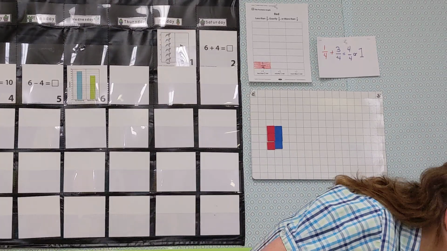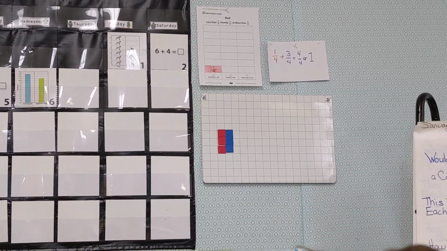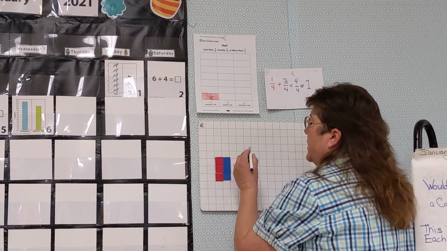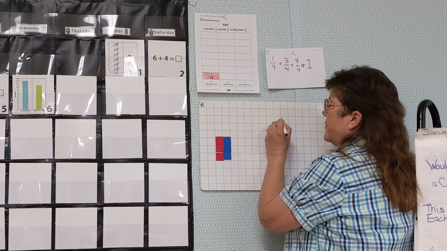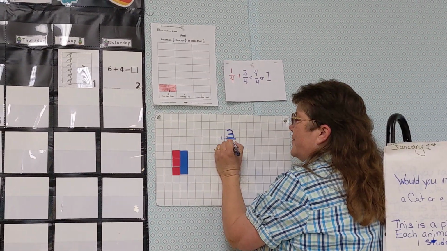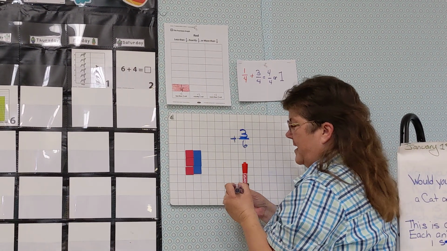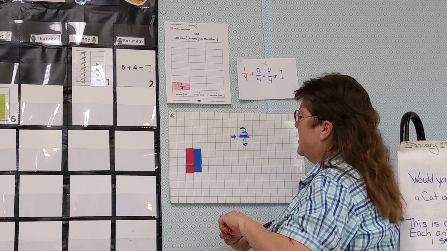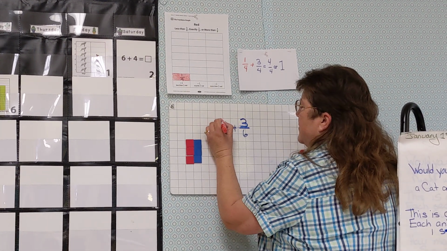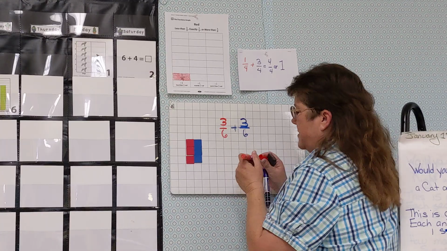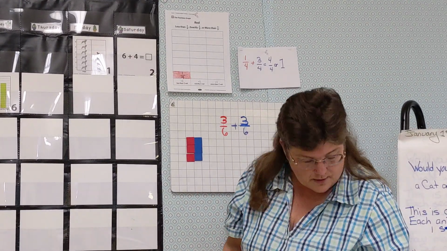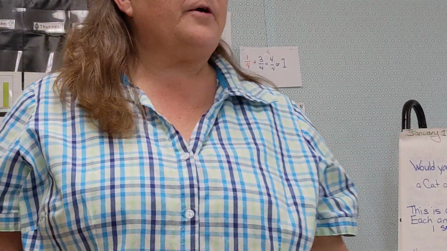Oh, I put them down here before. So, move over here. We have 3, 6. Just happen to have my blue first. And 3, 6. So up here, where'd my black one go?